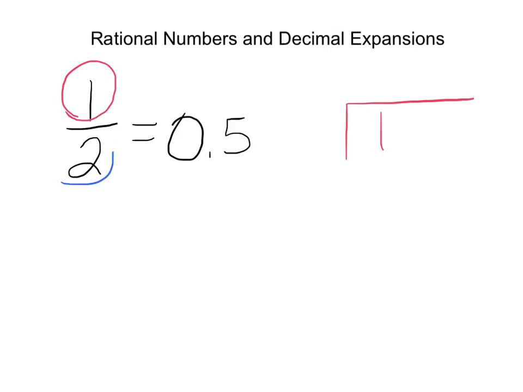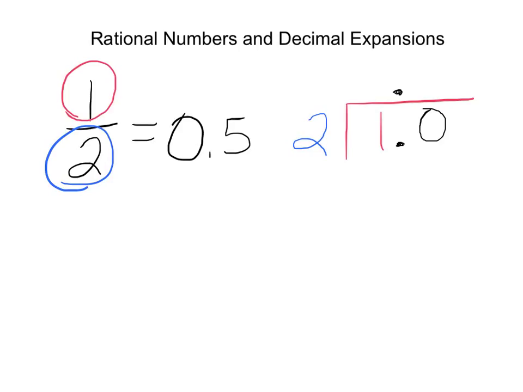You take the denominator and it goes on the outside. And we have a division problem. And we say 2 can go into 1. Well, 2 can't go into 1, so I have to add a decimal and a 0. And this decimal place just pops up top there.